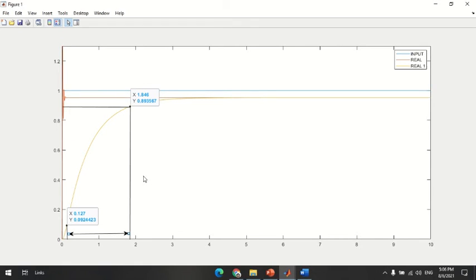Then next, to find the TS. TS is the time for the response to reach and stay within 2% of its final value. So we can assume that the final value for the P3 graph is, we must find the value that has reached the stable state.